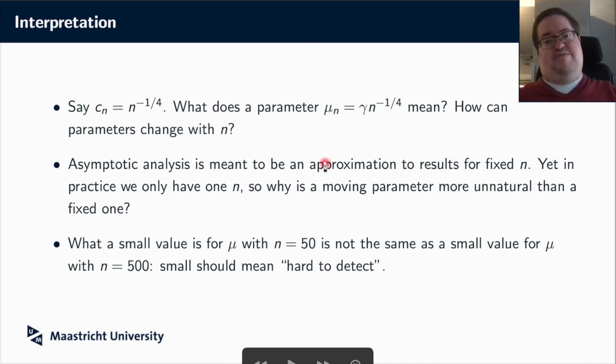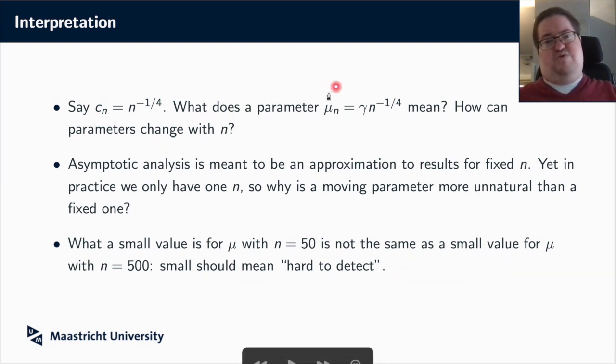So from that perspective, I would argue this is actually not a problem. If you think of it as you have one DGP, you have one sample size n, and you have one parameter mu, what you want for that one parameter mu, given your sample size, is that it should be a difficult one. One that is close to 0 but not equal to 0, one that is hard to detect.